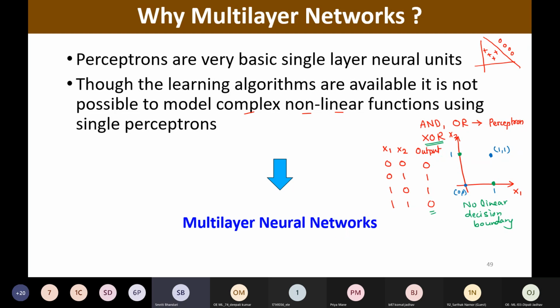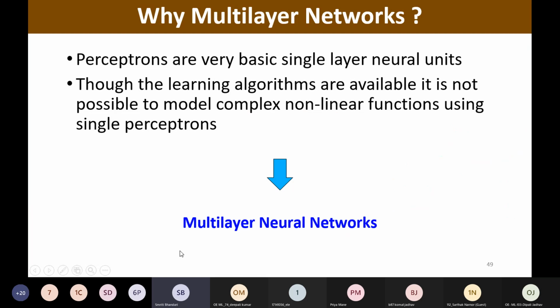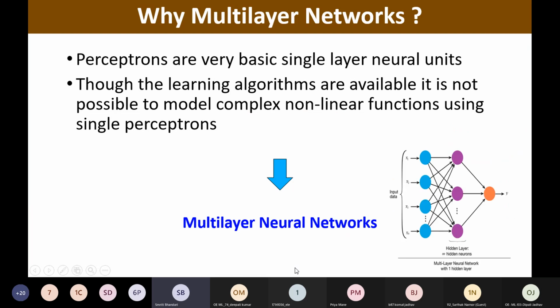So we have seen how the multi-layer neural network looks like. Here we are having an input layer, we are having one or more hidden layers, and we are having the output layer.